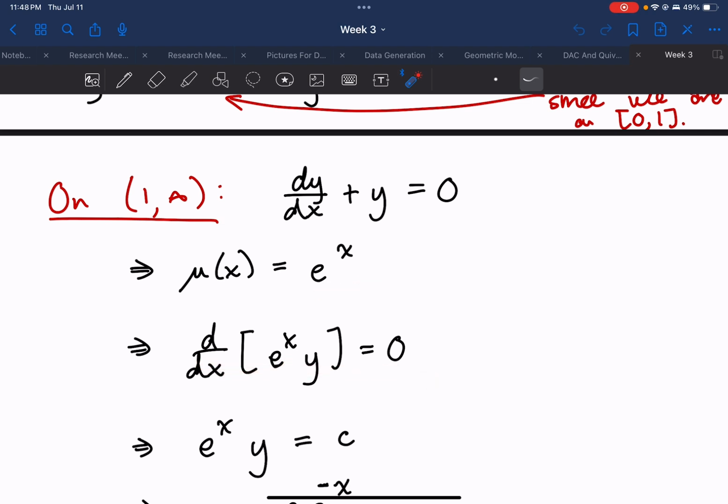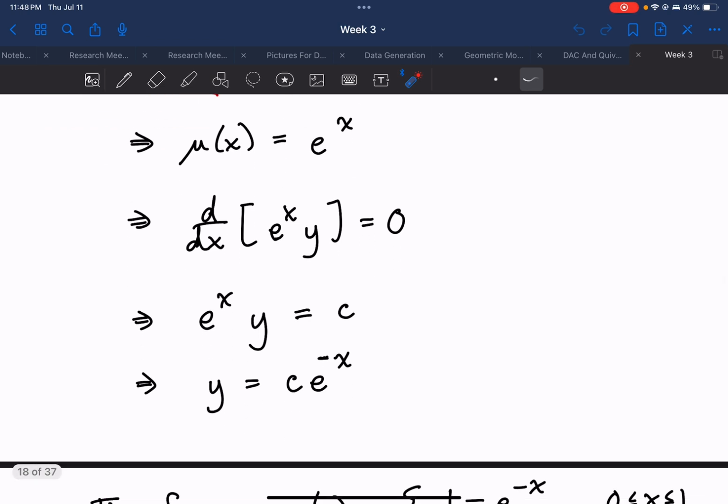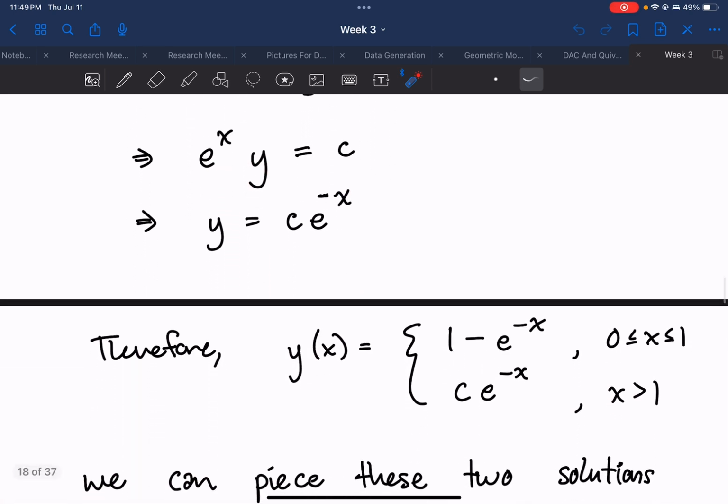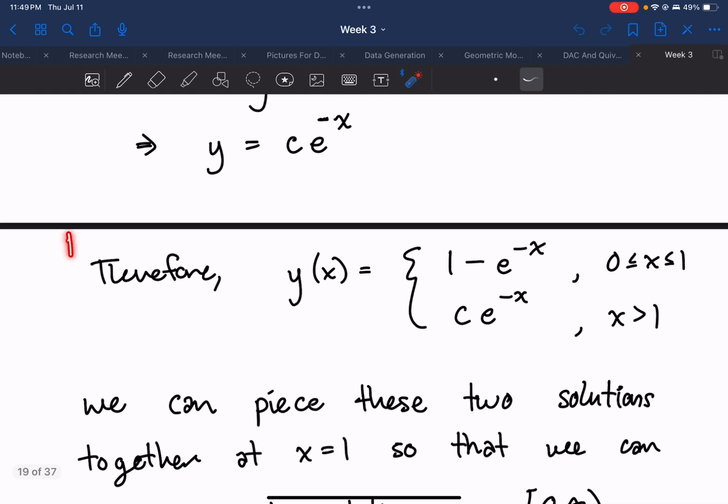The right-hand side, I'm technically multiplying by e to the x here, but since it's 0, it's all equal to 0. When you integrate 0 dx, you just get c, the constant of integration. So y equals c e to the negative x, by dividing by e to the x right here. So we get this solution.